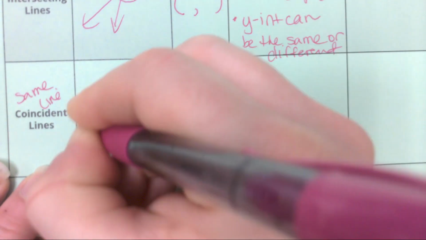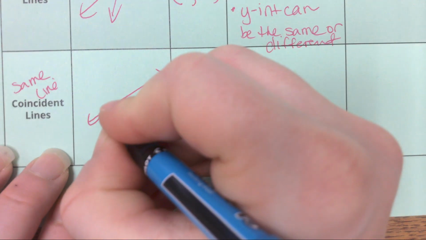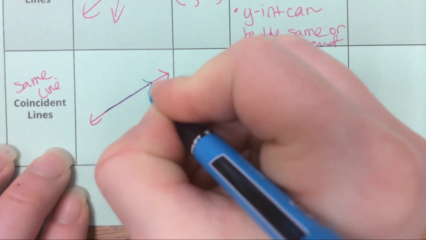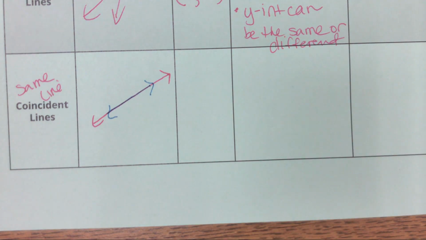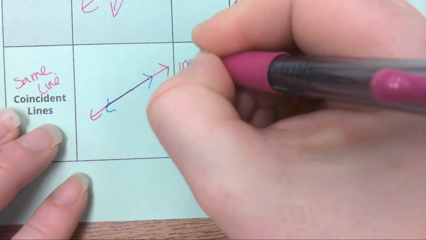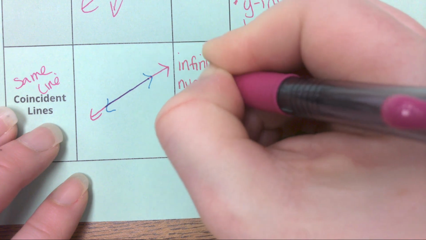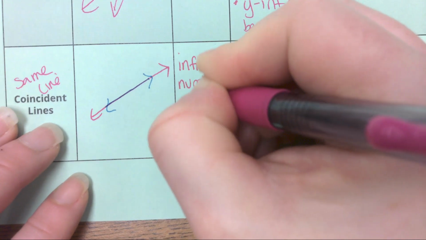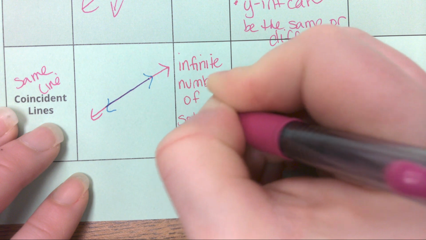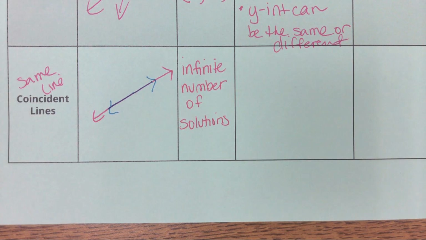Just draw a line. And then what I like to do for this, because it's hard to tell, is draw another line on top of it, but put the arrows in a different spot so you can really tell that it's two lines on top of each other. Okay, how many solutions? Infinite number of solutions. Some people would even say all real numbers for x.